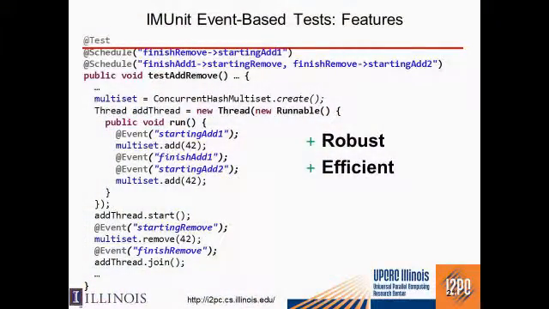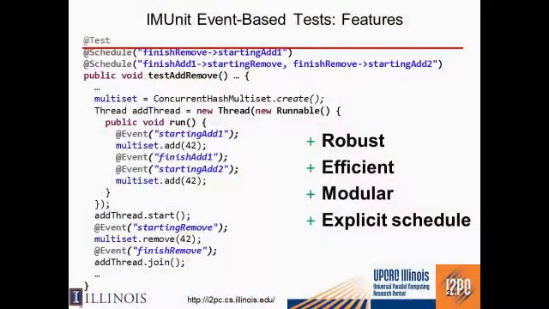As we'll see in the experiments, they turn out to be even more efficient than the sleep-based tests. They're modular. This is something I did not show, but basically you can reuse the schedules from different tests if you want to have different scenarios. There are actually two schedules up there. And the schedule is very explicit. So if something fails, if you need to debug, if you need to change these things, it's much easier to understand.